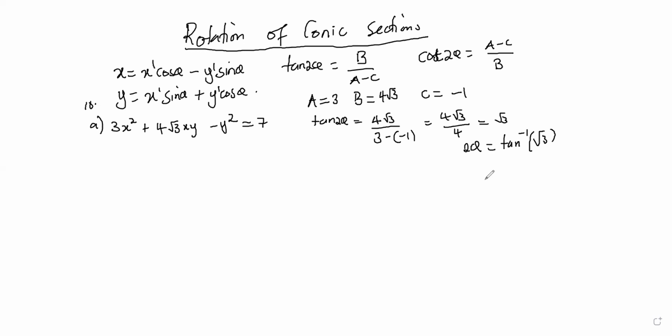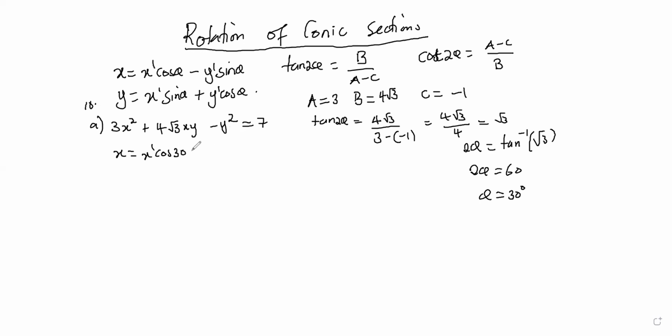Oh, no. It's actually 60, not 54, it's 60. So this means that 2 theta is equal to 60. And so what is theta? Theta is 30.